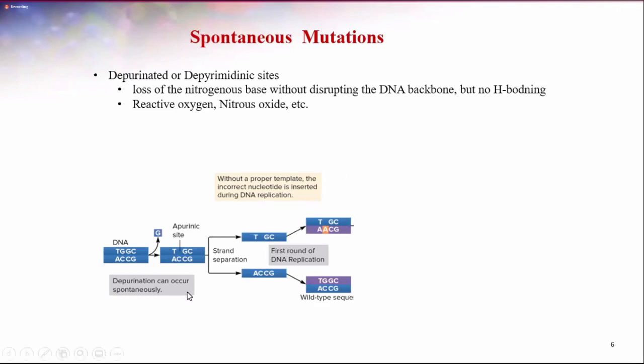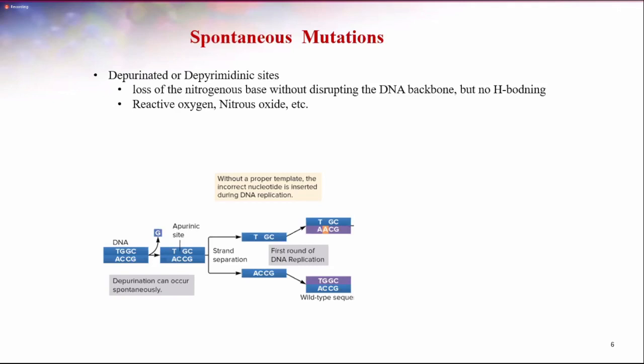But when this apurinic site undergoes replication, there is nothing to base pair with here. So DNA polymerase recognizes that there is an opening there, and there must be something that goes in that spot, but it doesn't have a template to insert the accurate base against.